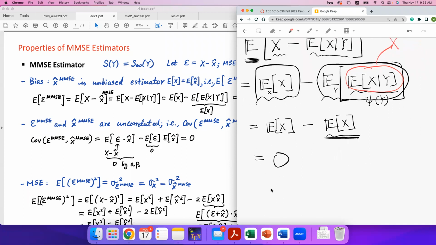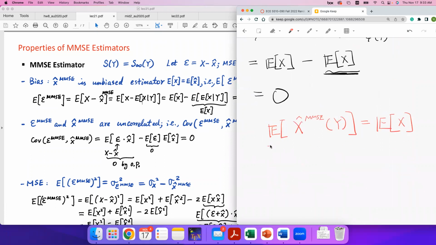So the expectation of your MMSE estimator is actually equal to the expectation of x. We call this property unbiased, meaning that there's no bias in terms of the mean value.